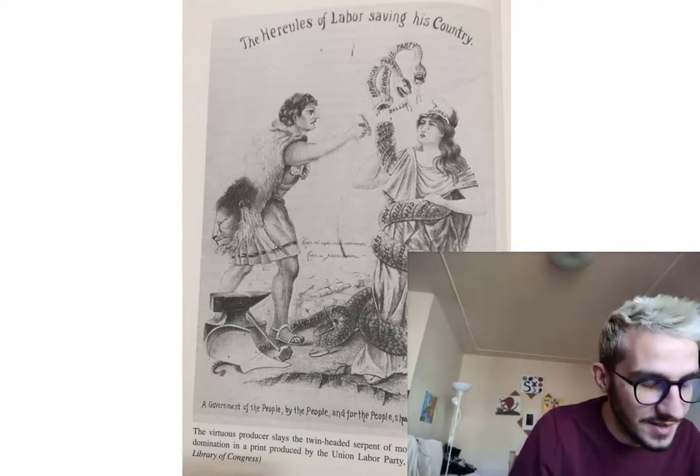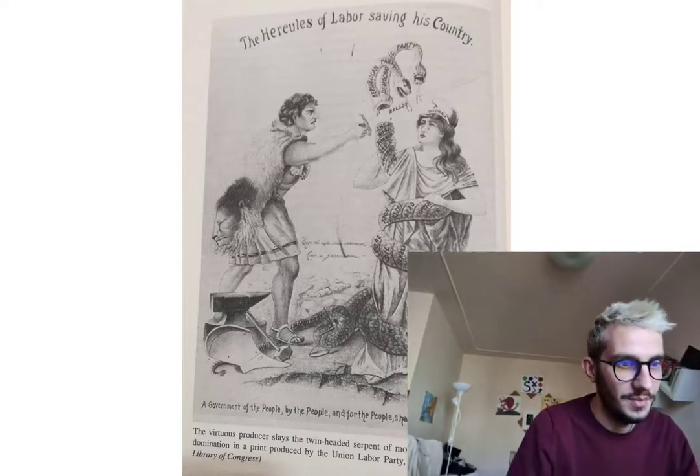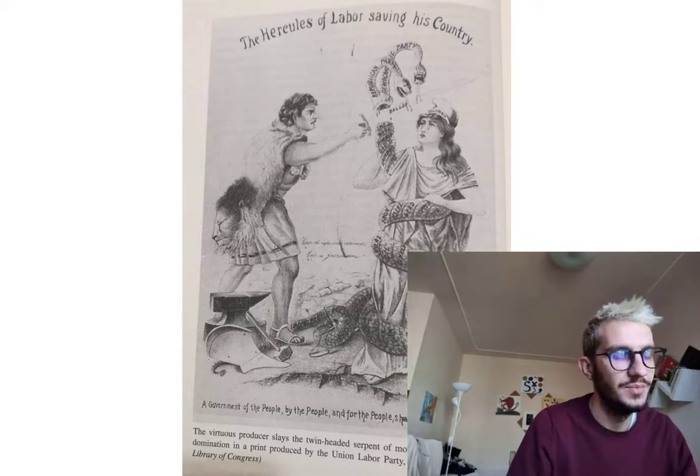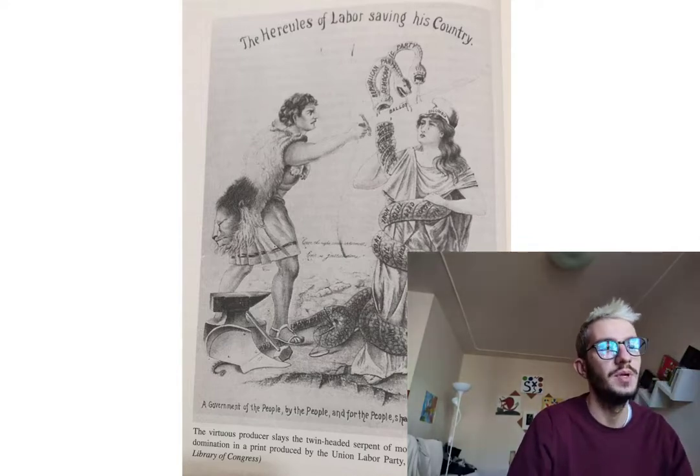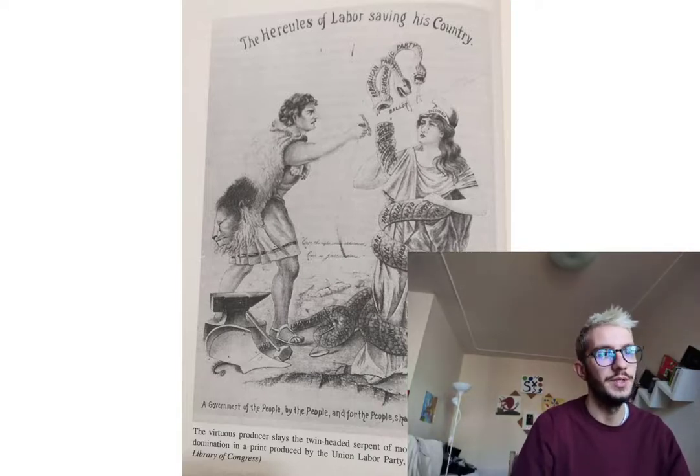And there is a quote from Abraham Lincoln at the bottom: "A government of the people, by the people, and for the people shall not perish from the earth."